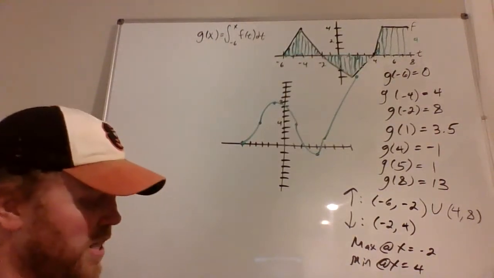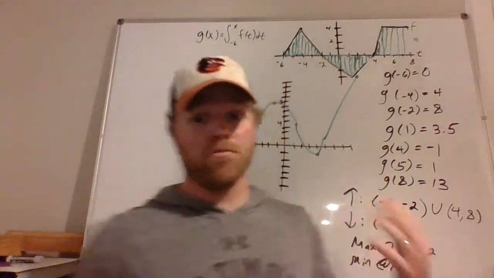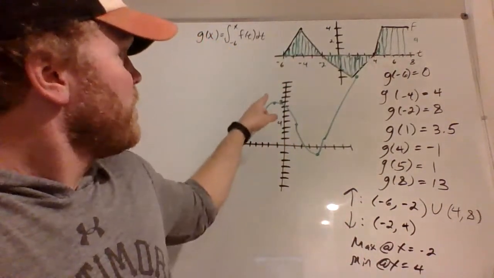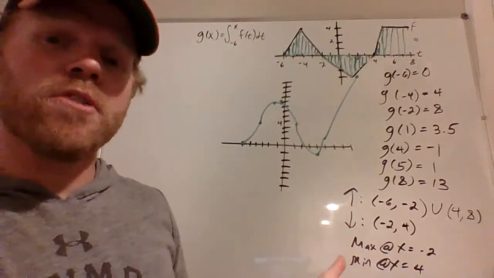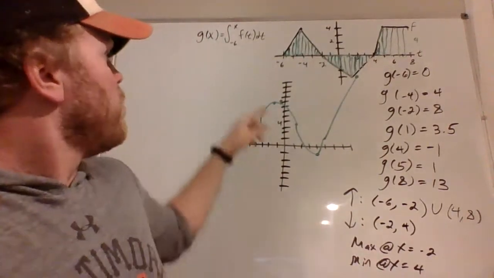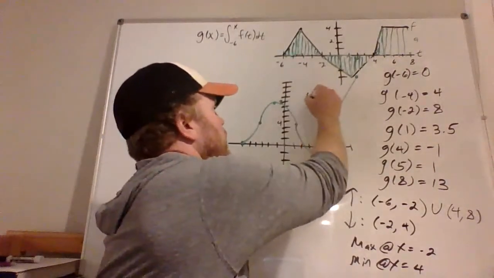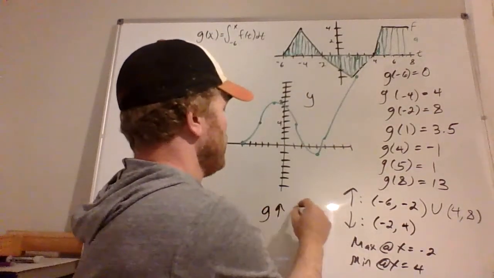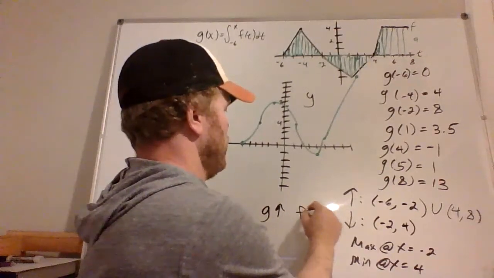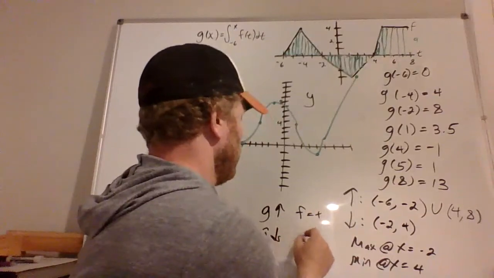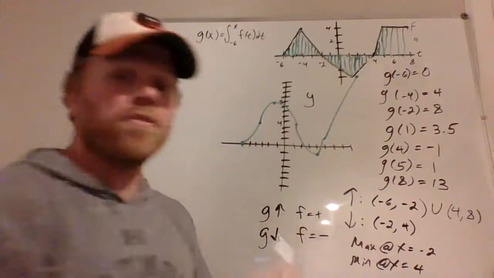So here are the big takeaways we're hopefully getting from this particular accumulator function task. The big takeaway is, when is the g function increasing? G is increasing when f is positive, and g is decreasing when f is negative.